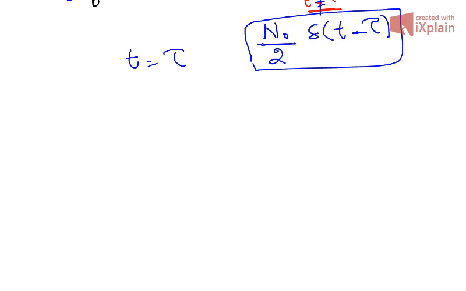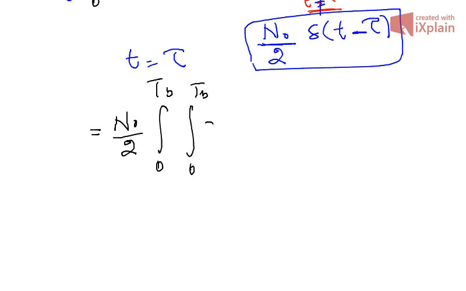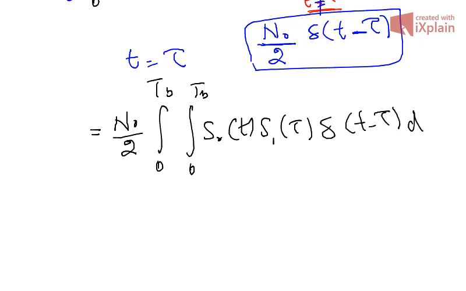So when t is equal to tau, it's simply N naught over 2, integral 0 to Tb, and another integral 0 to Tb, s naught of t, s1 of tau, and delta t minus tau dt d tau.